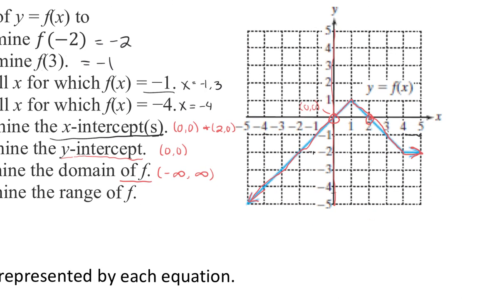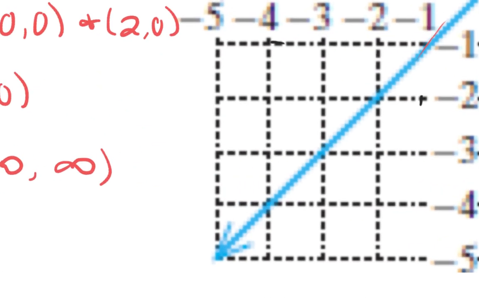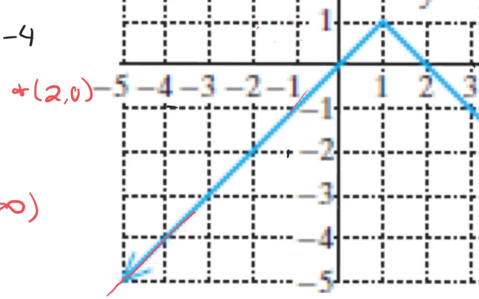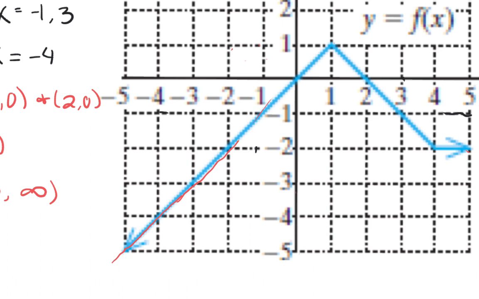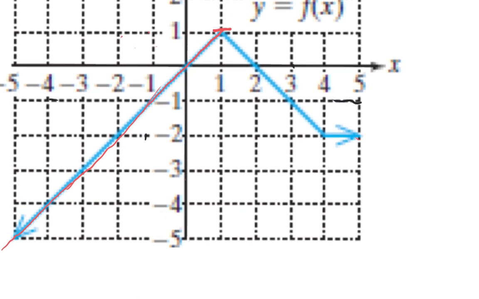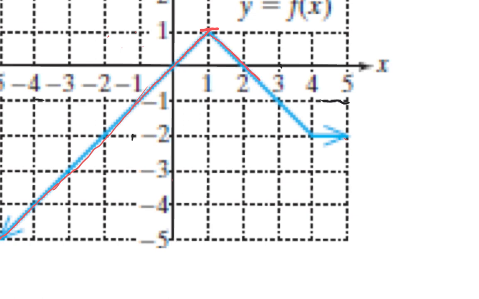And then lastly, for determining the range, that is just the possible outputs of our function. From left to right, we're coming up from negative infinity, going up, keep going up, on and on, hit this maximum of 1, keep going back down, and then to the right, it's just staying at a constant number.